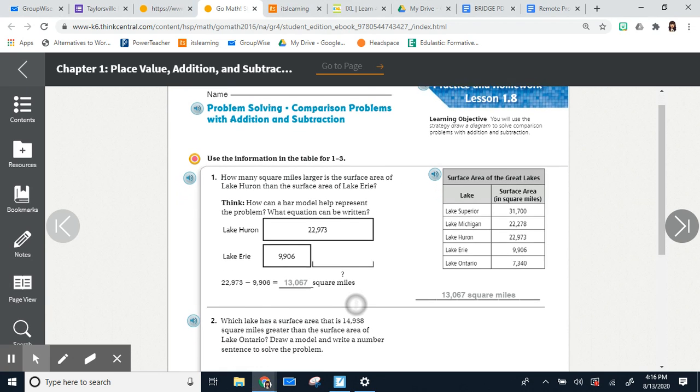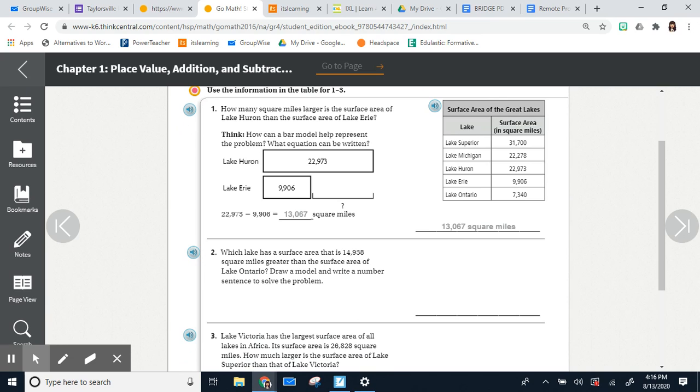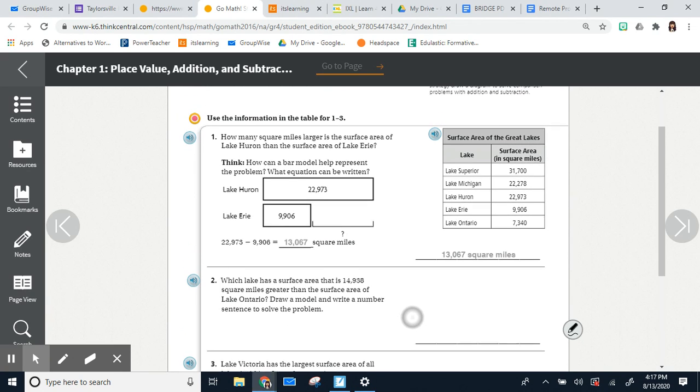You may even want to underline it in your book. So on number 2, it's asking about Lake Ontario. So I'm not asking you to draw a model in your homework because once again, we're on e-learning, but I am asking you to solve it though.